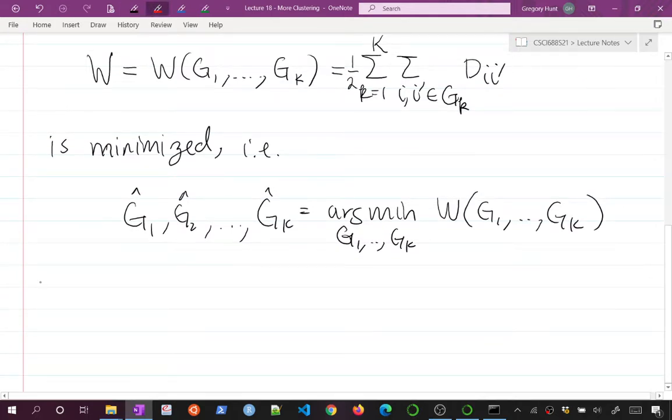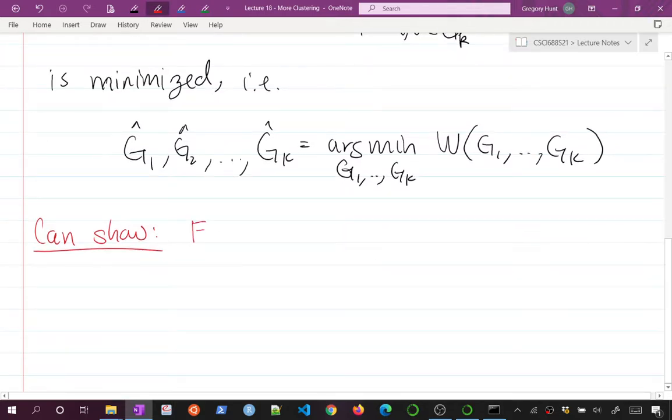We can show, indeed, that this is equivalent to minimizing the following quantity.